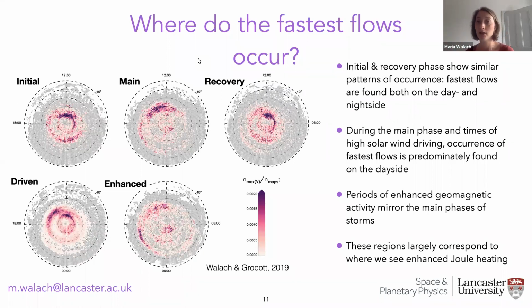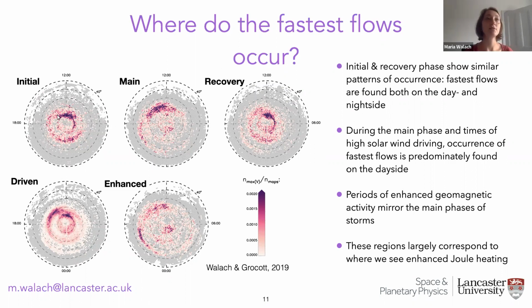These tend to vary between 200 to 800 meters per second, sometimes even higher. But what you see here is just for the initial phase. In each case, we're looking down at the magnetic pole, noon towards the top, dusk towards the left, midnight towards the bottom, and dawn towards the right.